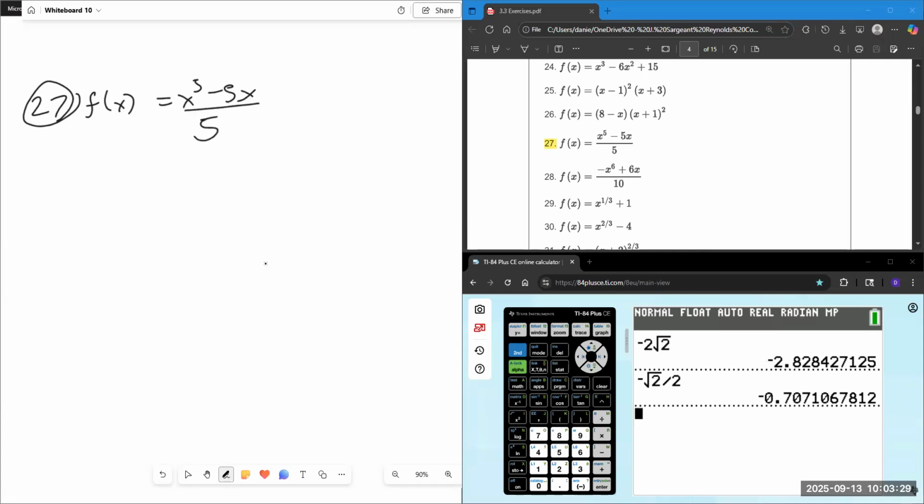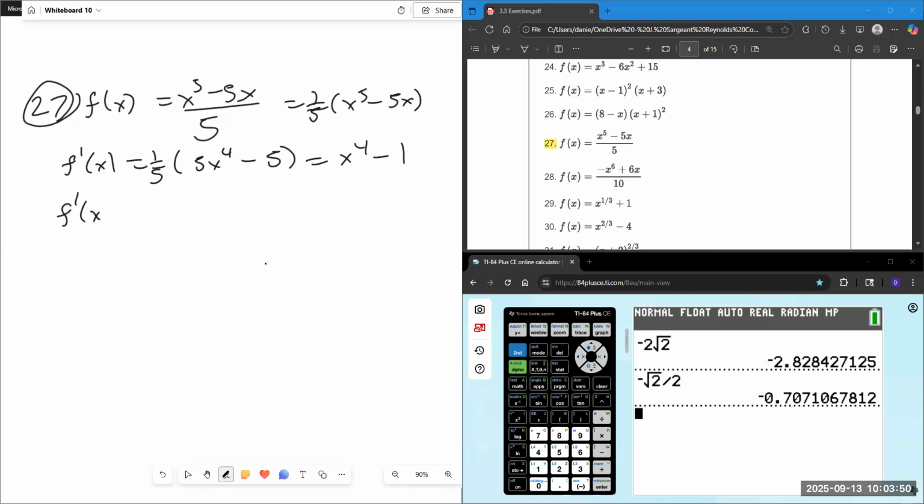And so I'm going to call this 1/5 of x to the 5th minus 5x. When I take the derivative, I'll leave that 1/5 alone on the outside. 5x to the 4th minus 5. And I'll distribute that 1/5 through to make this x to the 4th minus 1. Let's factor that into a difference of squares. So that's x squared minus 1 times x squared plus 1.